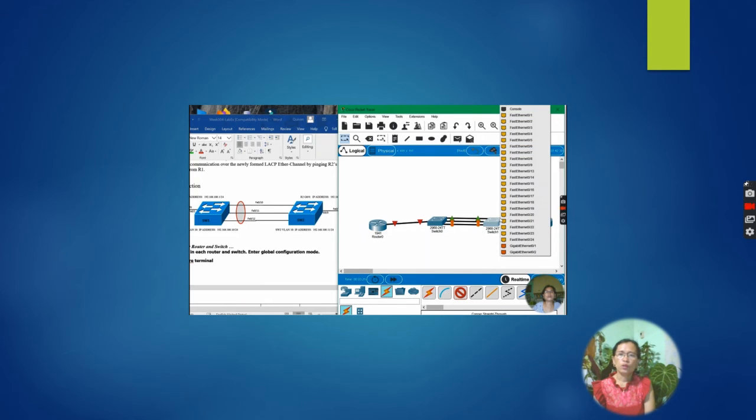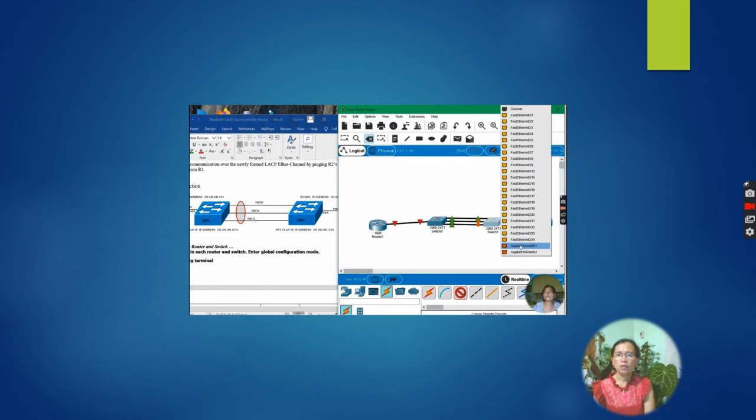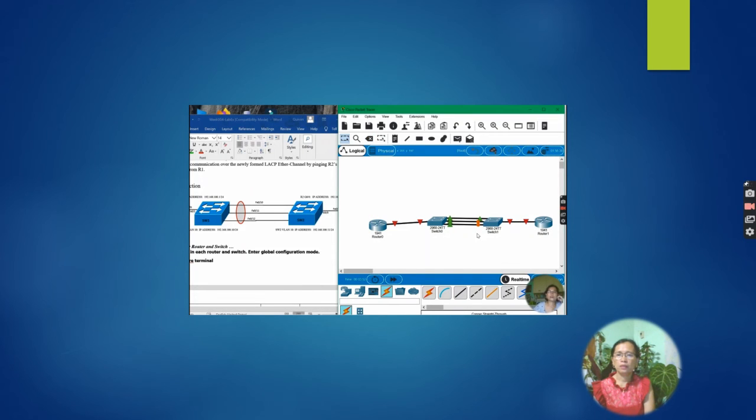So I have work, so I used my previous activity to show that I am the one who made my configuration.